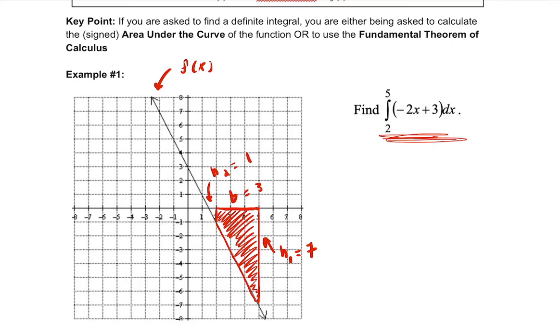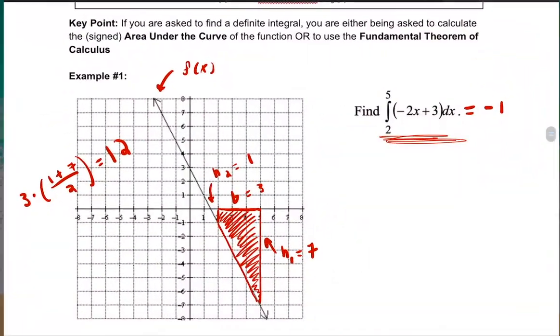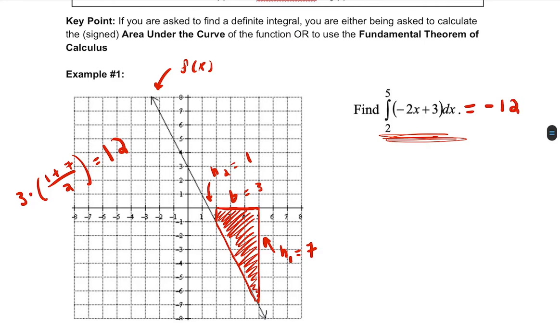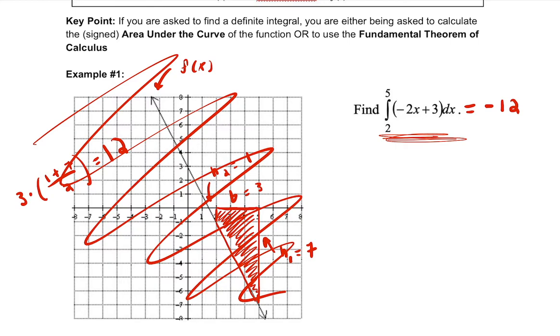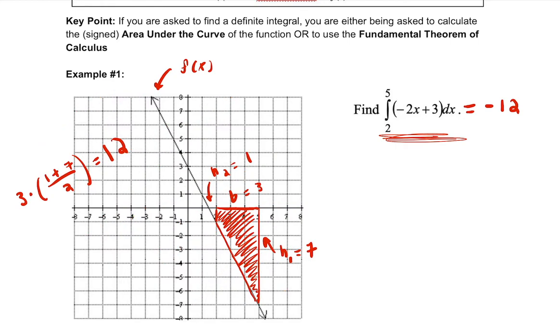So it's basically 3 times the average of rectangles with heights of 1 and 7. So 3 times 8 over 2, that's 4. This is going to be 12. So I already know the answer to this question is negative 12 because I have access to the graph. But if I didn't have access to the graph, I could still find this using the fundamental theorem of calculus.